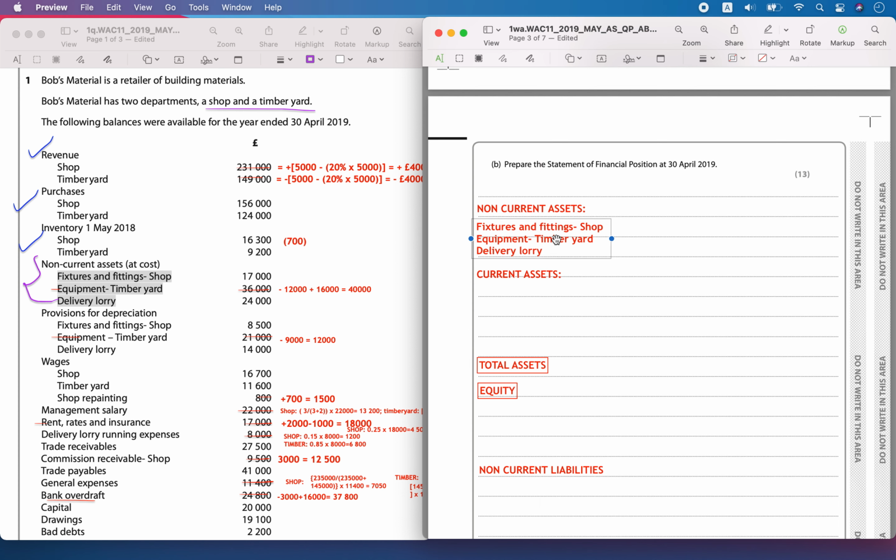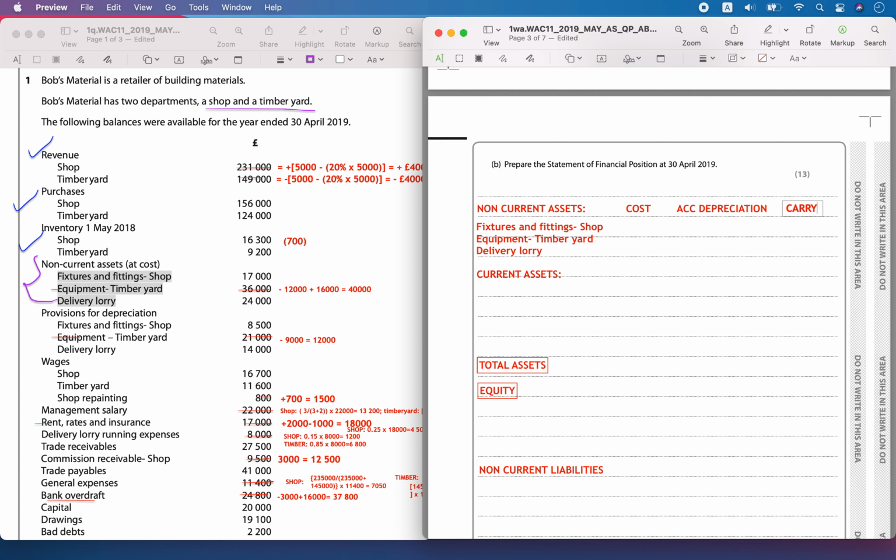Here you will have to calculate their cost, then their accumulated depreciation, and finally the carrying value.